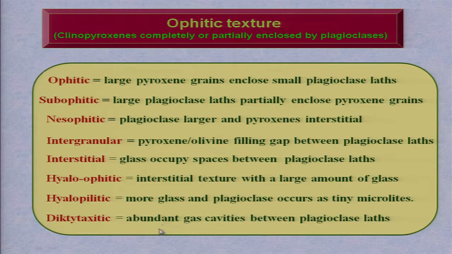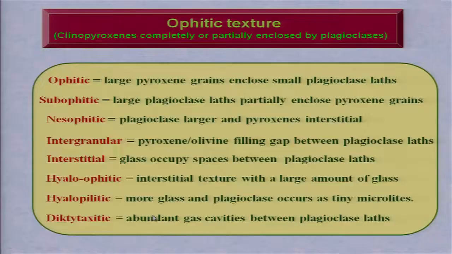Dictytaxitic texture, in this case abundant gas cavities between plagioclase laths. Where have these gases come from? These gases have come from the escape of volatiles and the open spaces are left out in the form of cavities, and the resulting texture is called dictytaxitic texture.